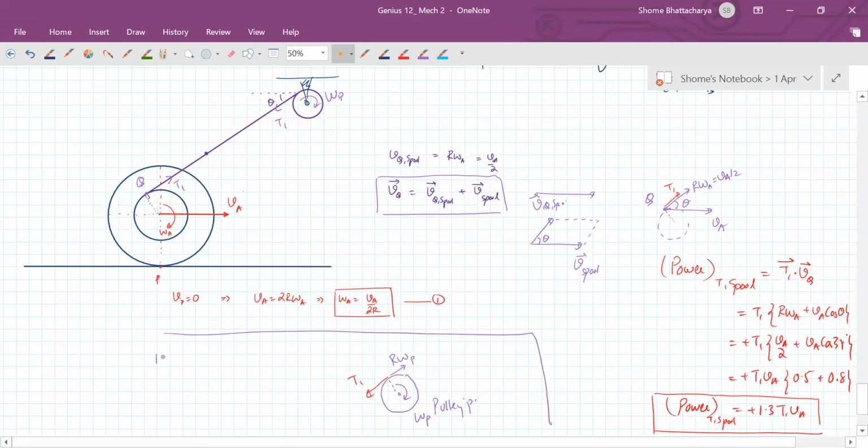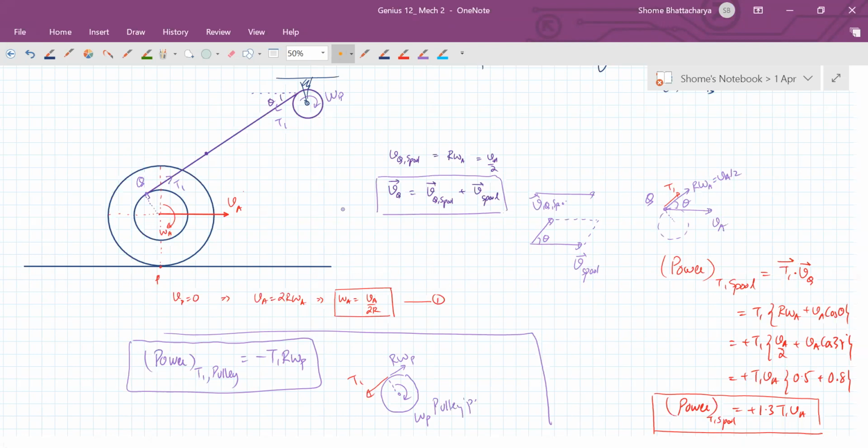So now the power delivered by tension T1 on the pulley is just minus T1 into r omega p. So the net power delivered by tension should be zero.